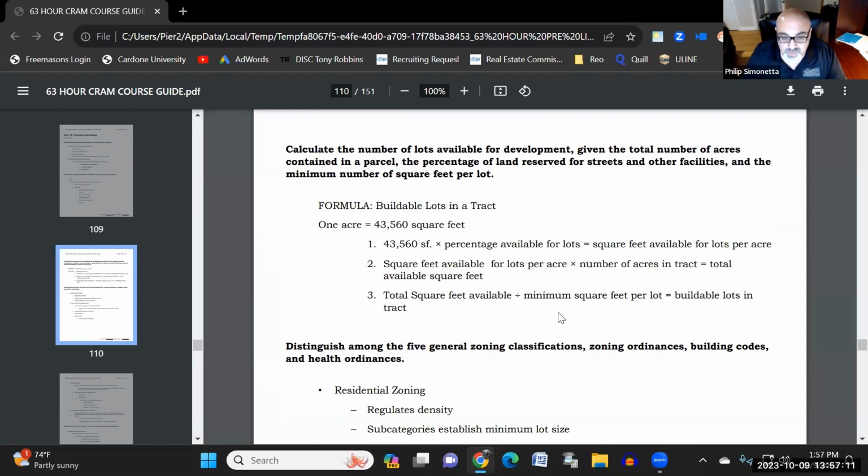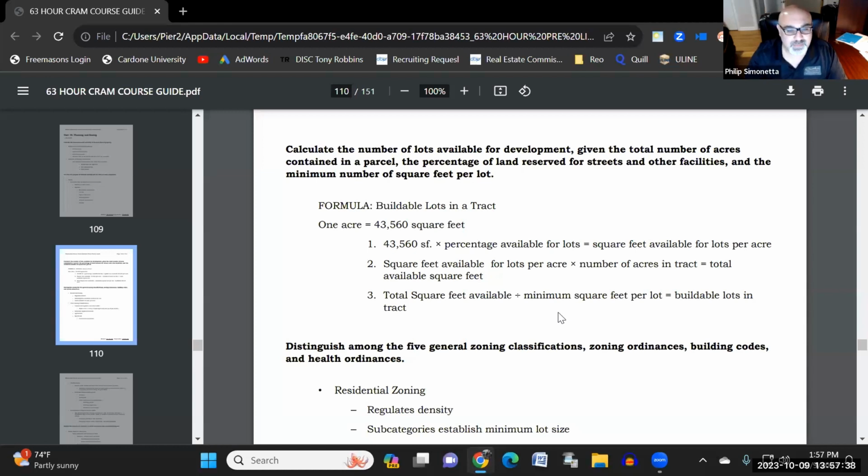So you take 43,560 times the percentage available for lots, and that equals the square feet available for the lots per acre. At that point, you take the square feet available for lots per acre times the number of acres in the tract, and that'll give you the total available square feet. You take the total available square feet divided by the minimum square feet per lot, and that's how many buildable lots you get in the tract.